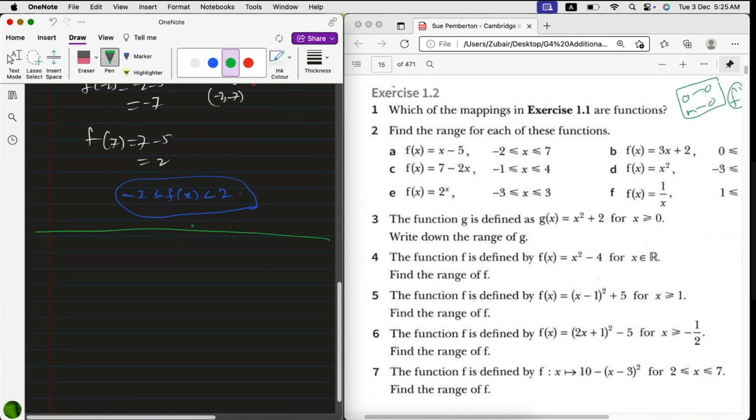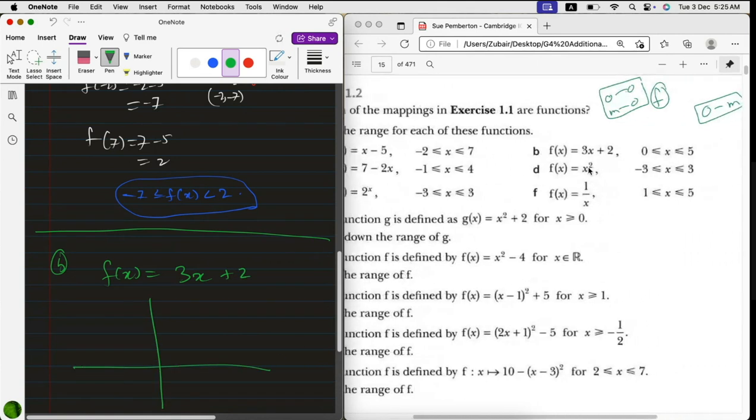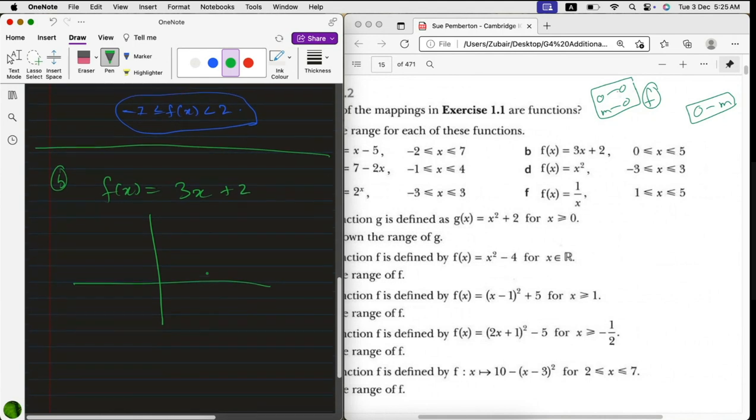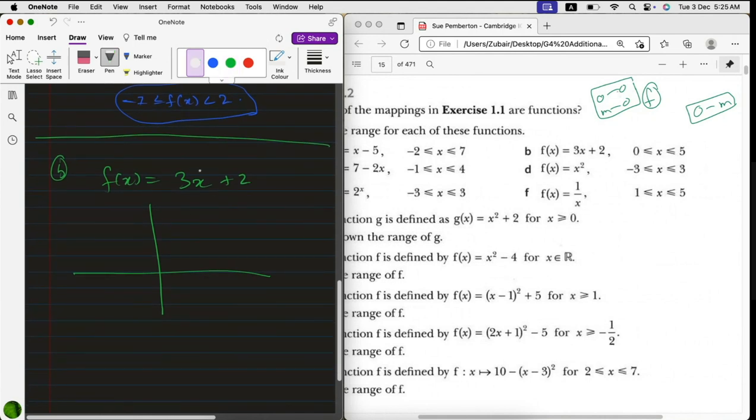Similarly, f of x is equal to 3x plus 2. It is again a straight line. And it says the values of x are from 0 to 5. So no need to sketch before that. From x equals 0, I can see this should look like this, positive gradient and positive intercept.